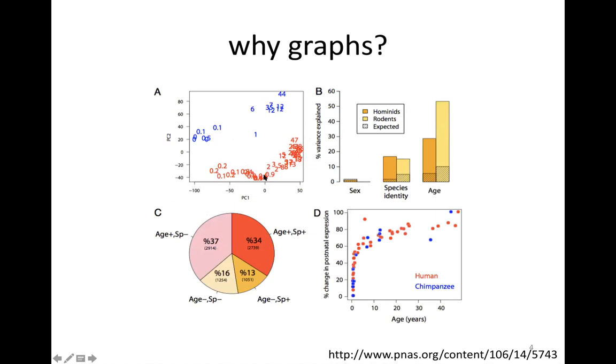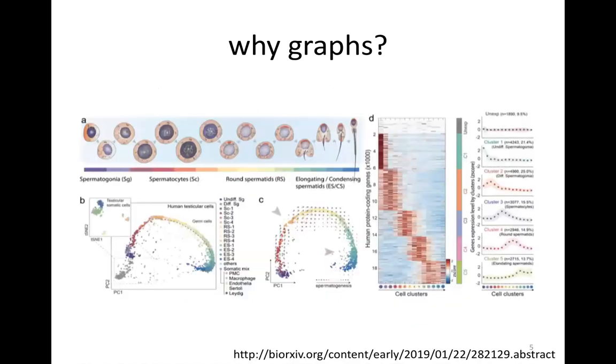Different graphs, as you see, describing gene expression changes in the brain in humans and chimps and other species, with age, and so how gene expression is influenced by age and species factors. So different graphs telling us about different stuff.